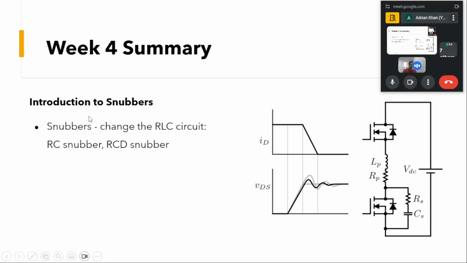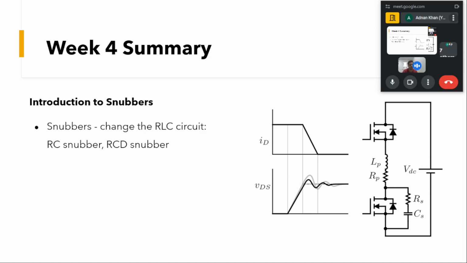So now what these snubbers do usually, like what had been discussed during this week, is two types of snubbers, RC and RCD snubbers. Here I'll give a brief overview of just the RC snubbers. In a similar fashion, there is the RCD snubber as well, that has a diode compared to the RC.